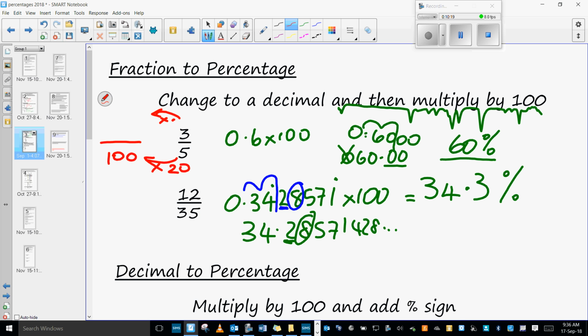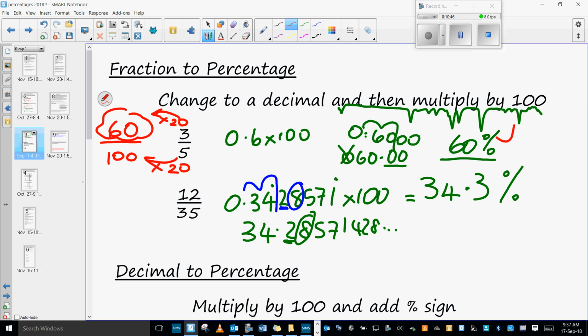So I would multiply the top by 20. And what's 3 multiplied by 20? Remember, in our heads we do 3 multiplied by 2, and then we add our 0. Now, because it's over 100, I know it must be a percentage. So what's my percentage? 60. And that's what we had before.